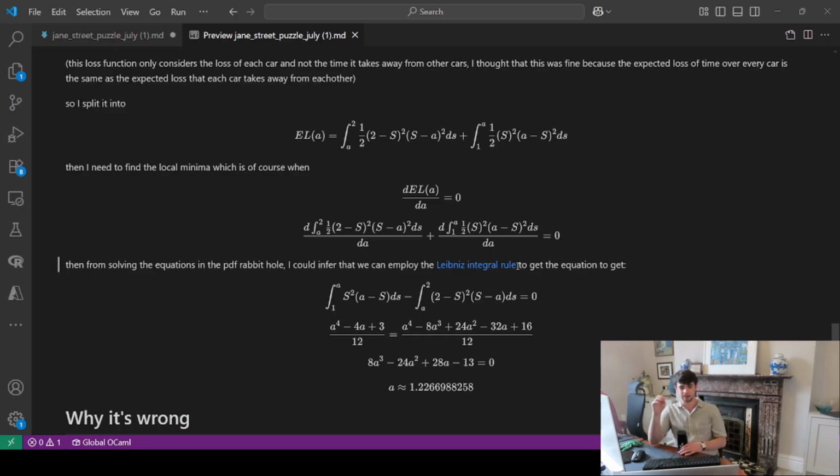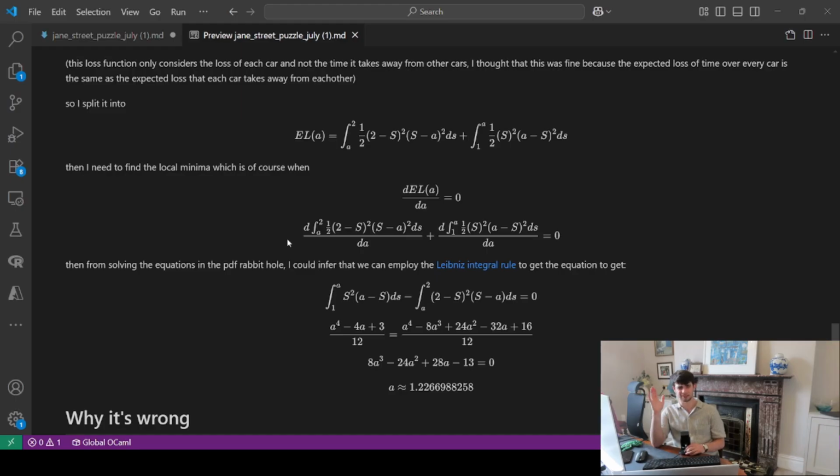Use the Leibniz integration rule to get these equations, blah, blah, blah, plopped into an integration calculator, and I got 1.226 and a bunch of digits. Okay, I've gotten this. I submitted my answer, no results.